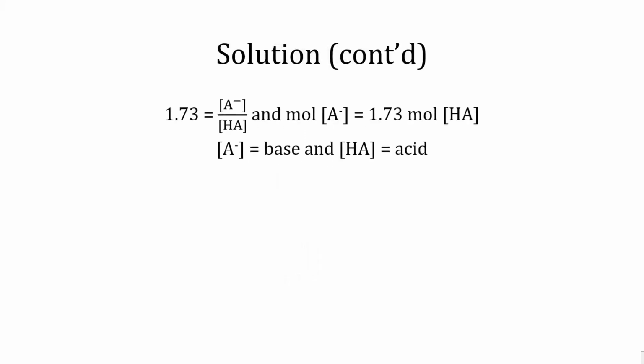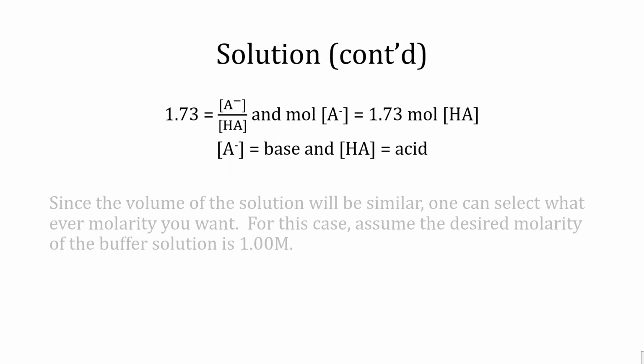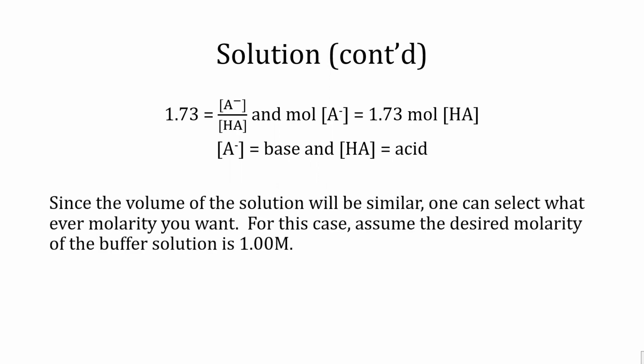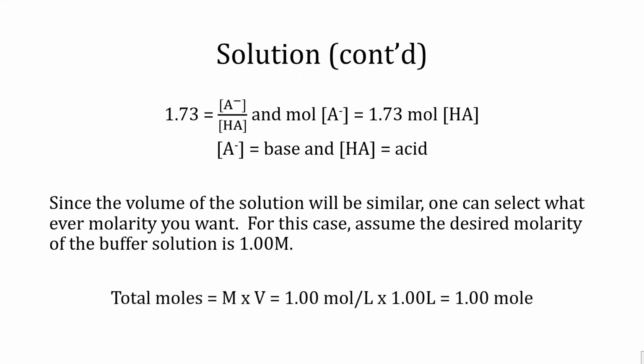Now we can rearrange since the volume is similar. Concentration of A minus equals 1.73 times the concentration of HA, but will be expressed as moles. Like before, since the desired molarity is 1.00 M, total moles equals 1.00 mole.